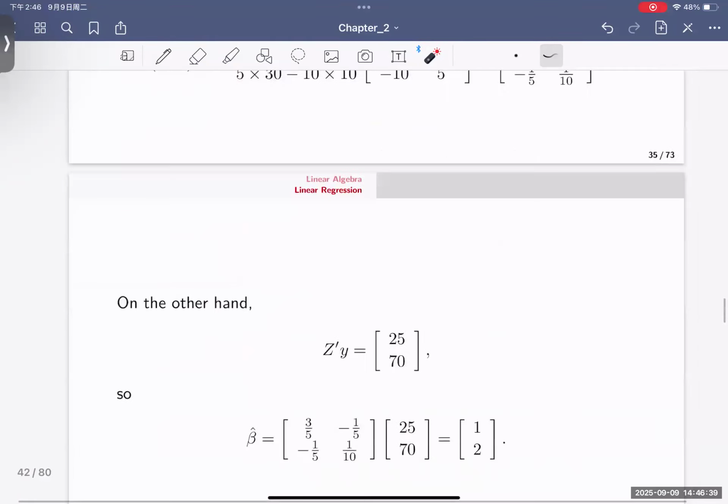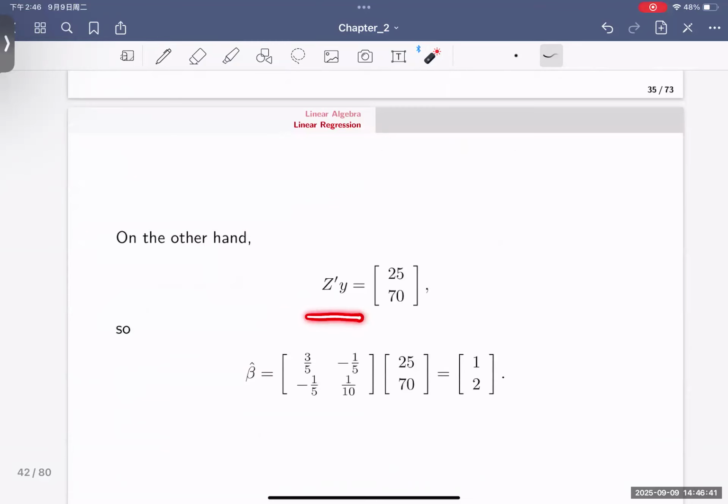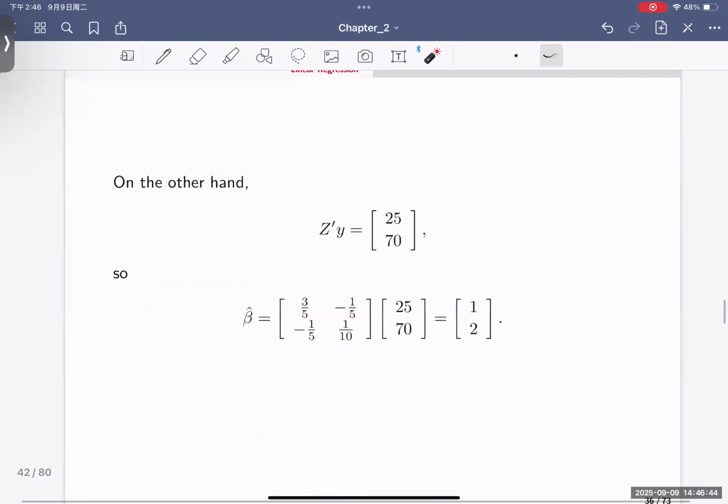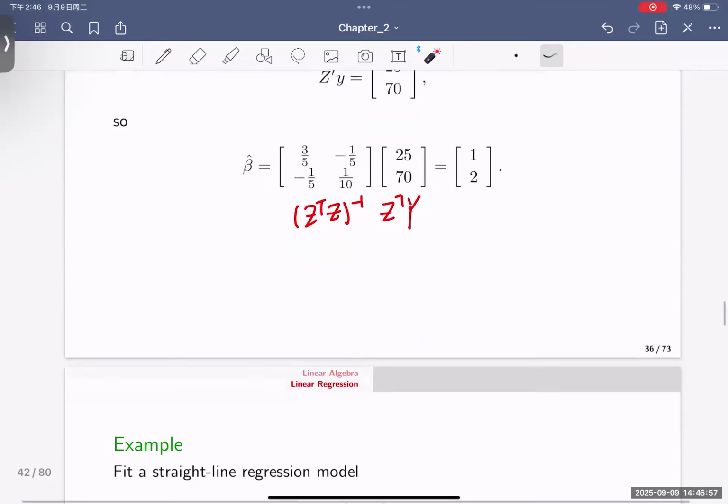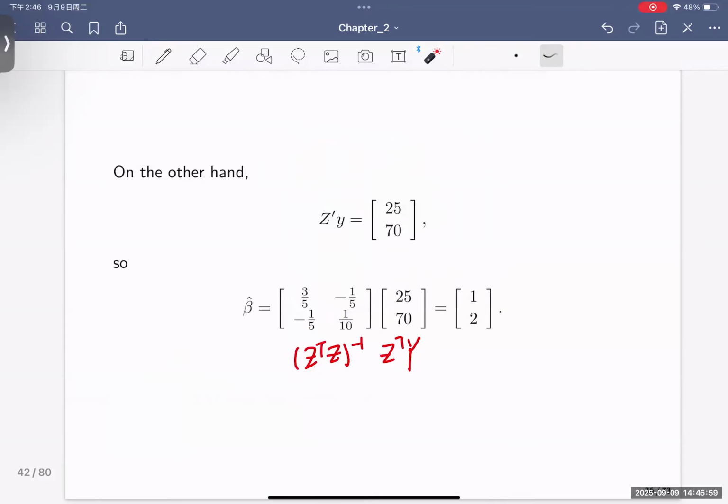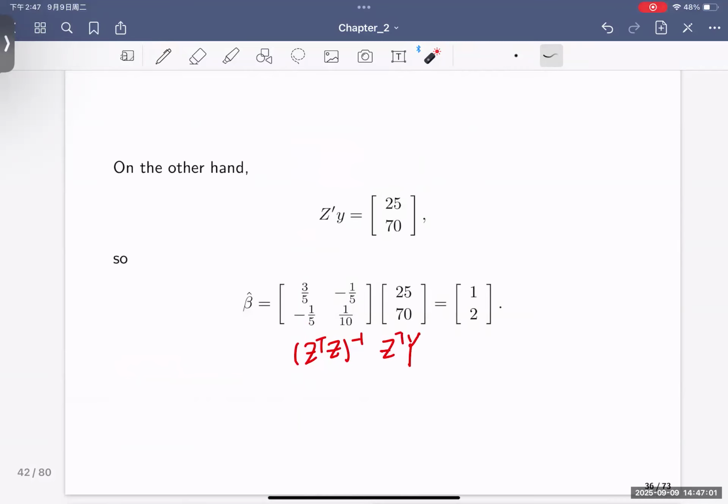Meanwhile, we have Z transpose Y. Eventually we combine Z transpose Z inverse with Z transpose Y, and we obtain our final least square estimate, which is 1 and 2. It's just some calculation; we already know the formula. If you have a question, you can ask me after class.